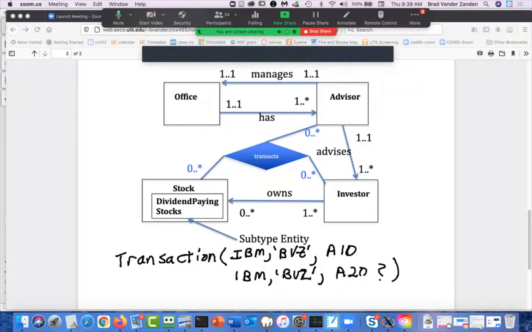So it is quite possible that in this transaction relation, there will be 2 or more instances of IBM and BVZ with different advisors, and hence it becomes 0 to many. Or you might say it has to be 1 to many because it would only be in here if there was a transaction. So you might also argue that it has to be 1 to many. I wouldn't go against you on that one.